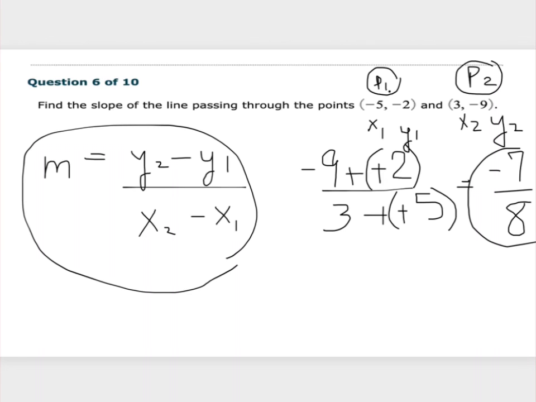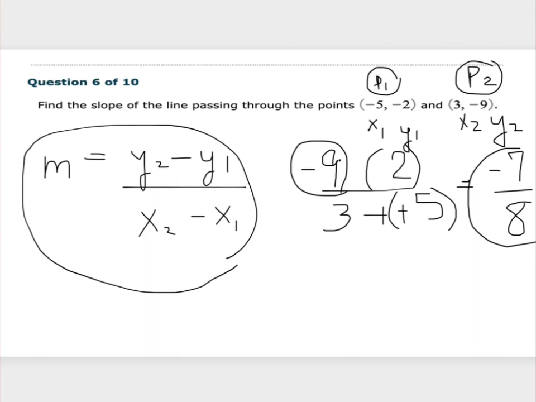So if this first one we're going to call point 1, this is the x value, this is the y value, so we're going to say x1, y1, and x2, y2 is 3 and -9. And now we're just going to substitute those in. y2 is -9. So right here where the y2 was, we're going to put -9.